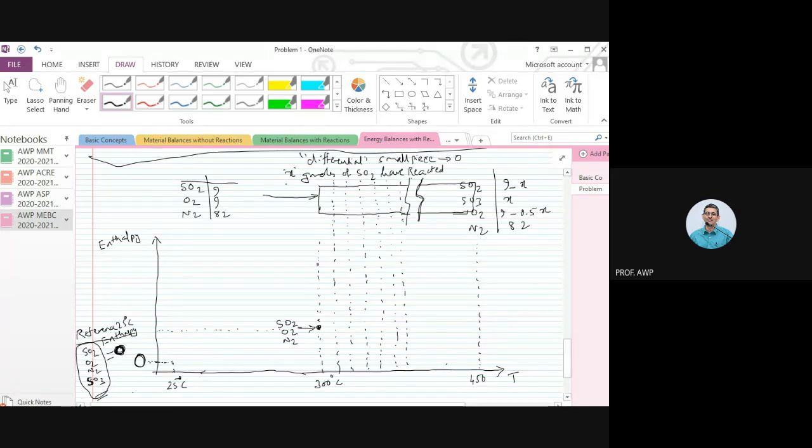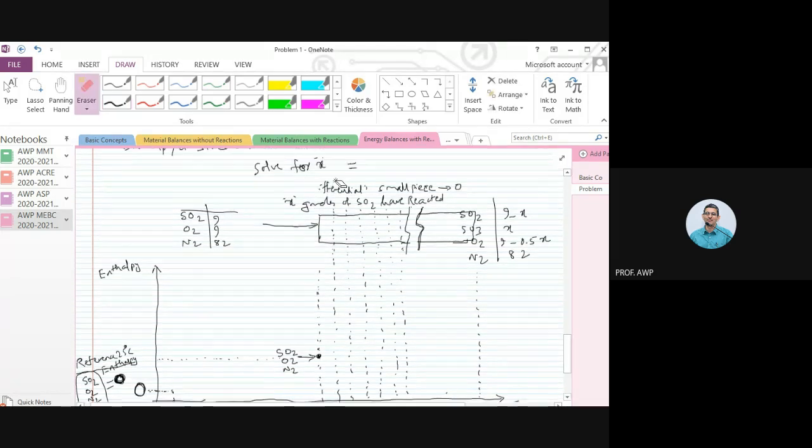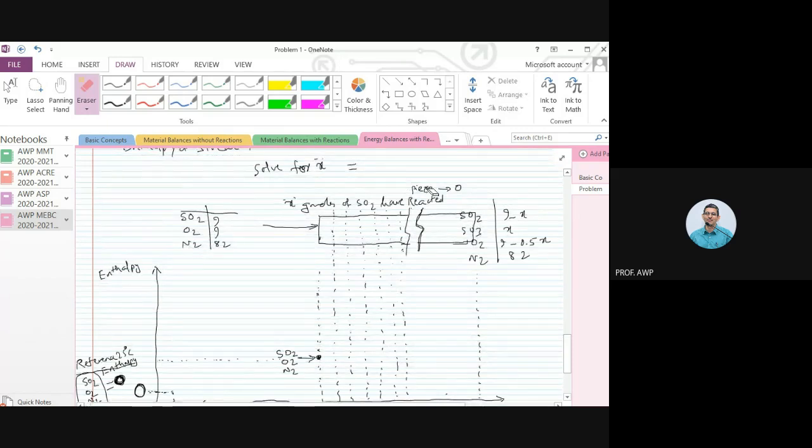So I'm just saying that in this first small piece, let us say 0.1 gram moles of SO2 react in every small piece.